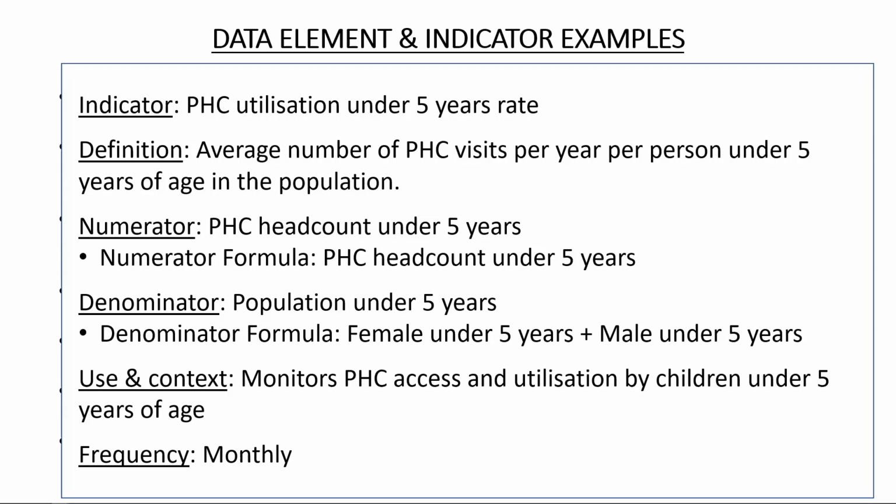We use this to monitor the access and utilization of children under 5 years of age, how they're accessing this clinic and how often, in line with the population of that age in this community. It is collected monthly, as the data element is fed on a monthly basis, so the indicator can also be calculated on a monthly basis.